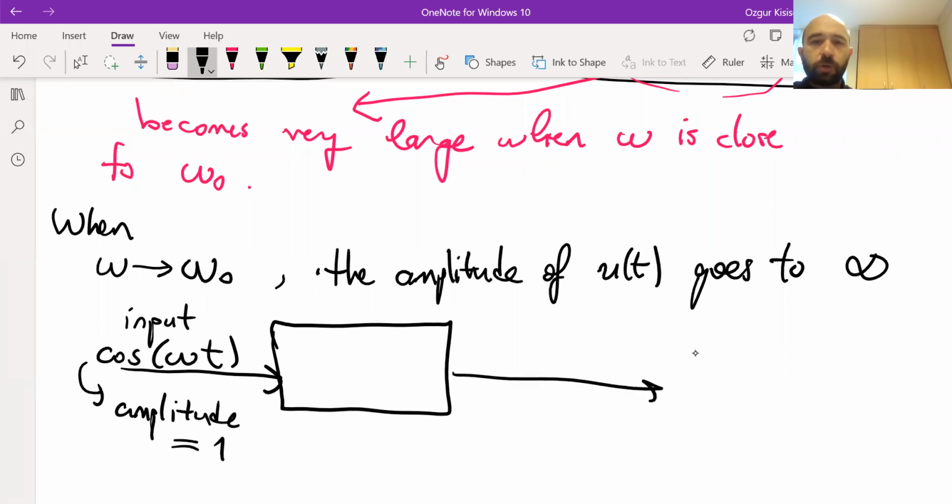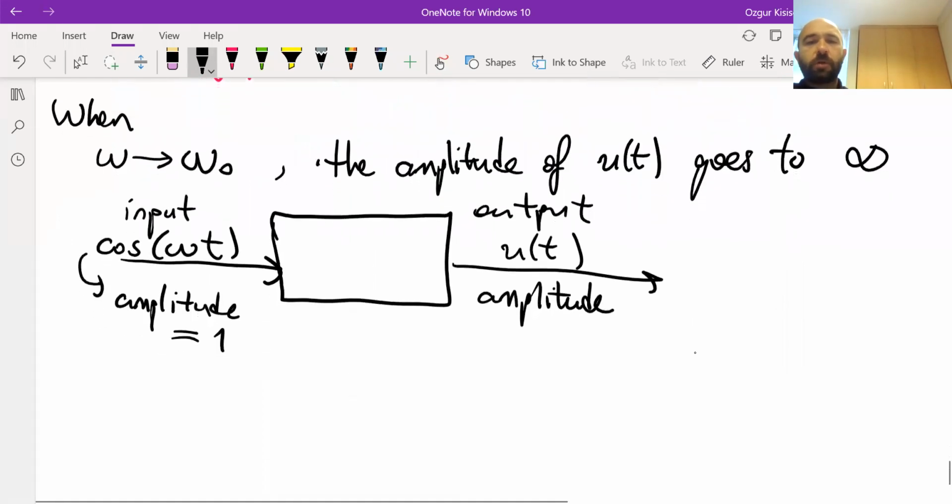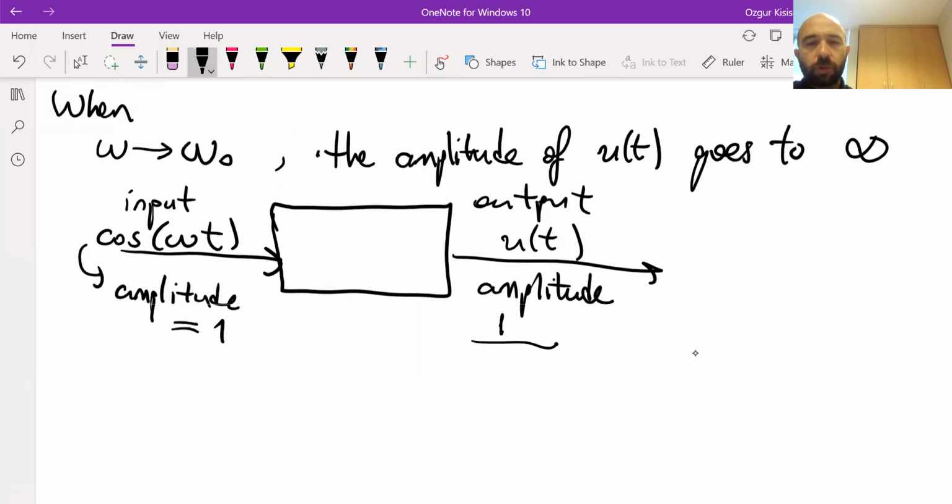And the output, ignoring the C1, C2 for a moment, its amplitude is 1 over m times omega 0 squared minus omega squared, which can become very large if omega is close to omega 0.